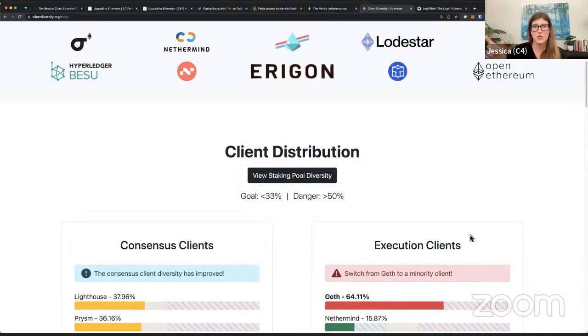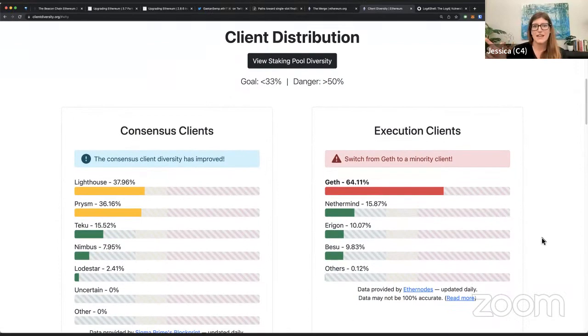Well, I think it's interesting, that graphic that you showed, Dustin, in that you could see that Geth is in red. So while somebody might look at a different graphic and think, look at how great they're doing, they're the majority, we're saying that's not great. There needs to be more diversity. Having 64% using Geth is problematic.